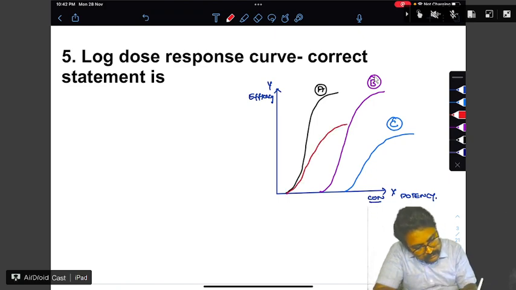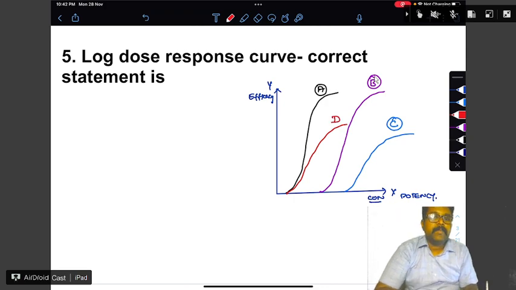This is drug D. So this concept you need to understand. If you understand this concept, you will be able to answer most of the questions from the log dose response curve.